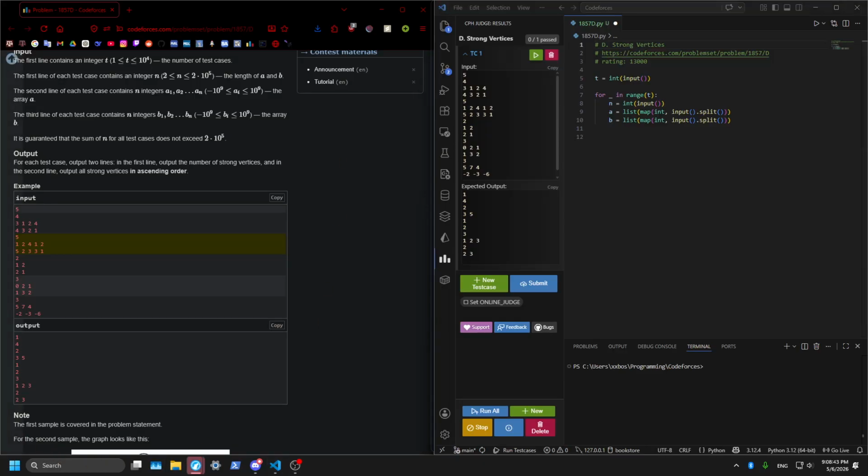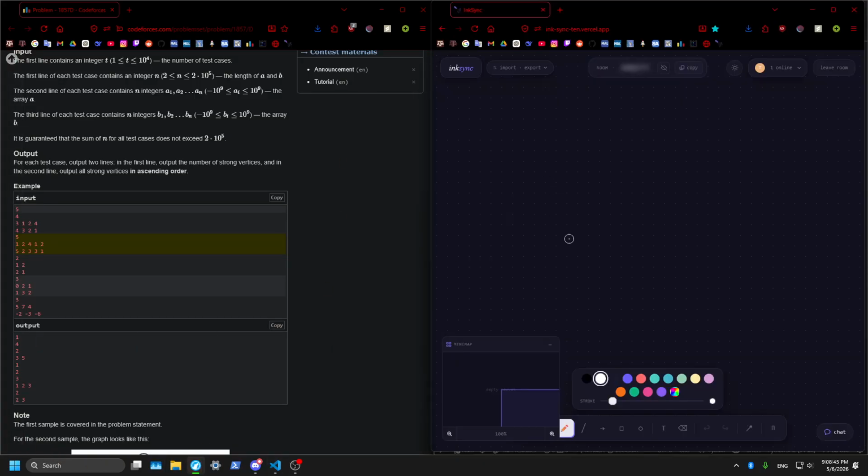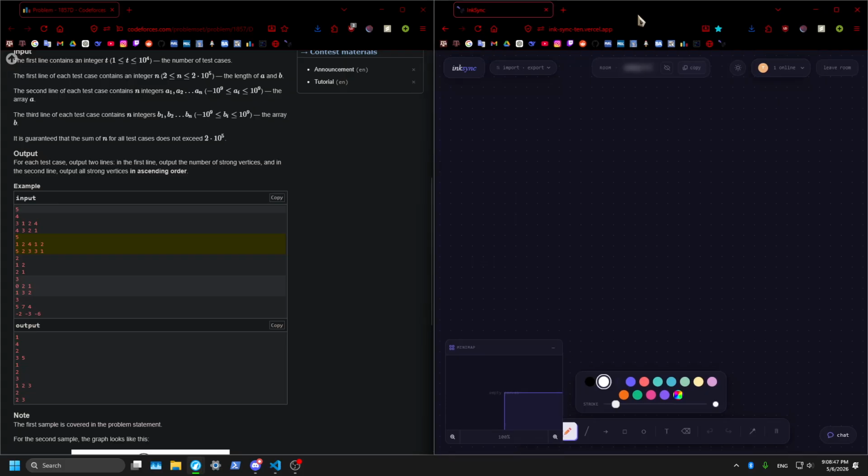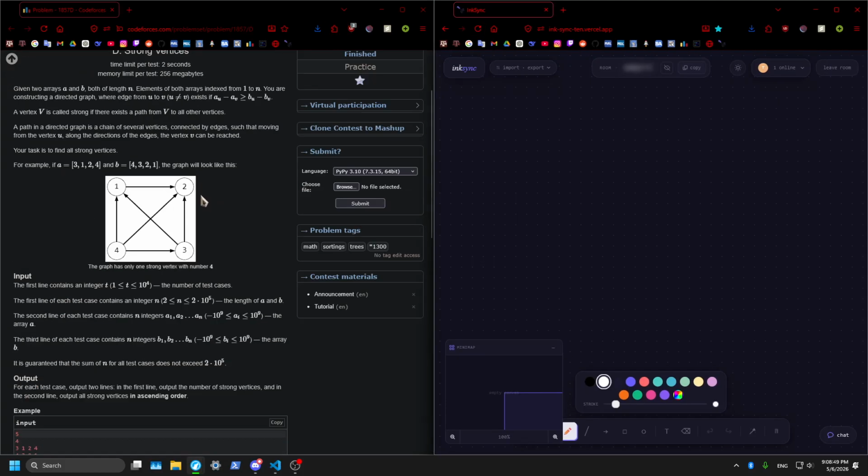Where to go? Here it is. Edge from U to V exists if AU minus AV.